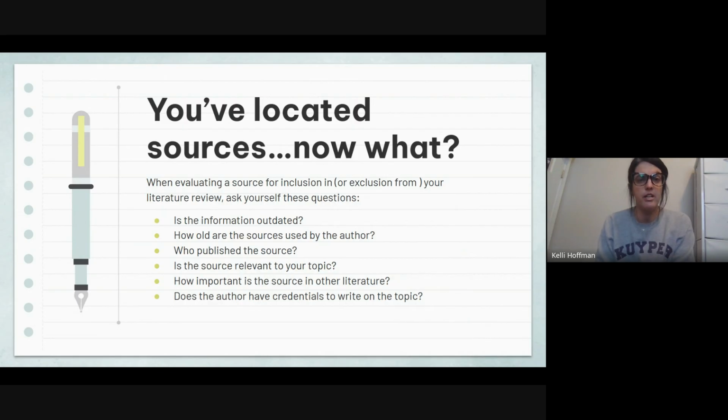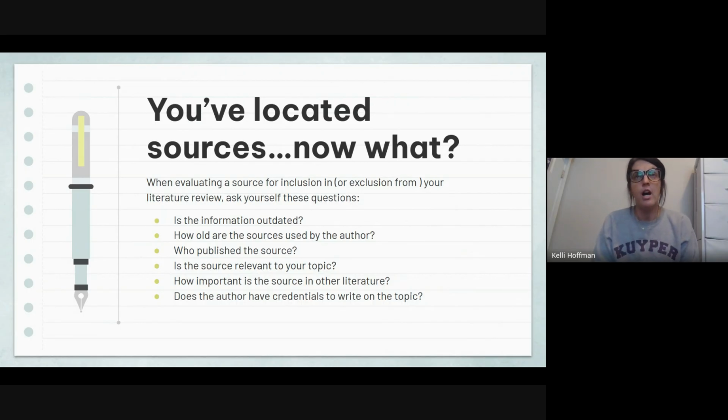Another thing to consider is what sources are used by the author. Are these sources that are used and referenced quite in the past? I've done this before with research. I was researching the topic of trauma in college students, and a lot of articles I was reading were citing stuff. It was written after 2020, but it was citing a lot of information pre-COVID.